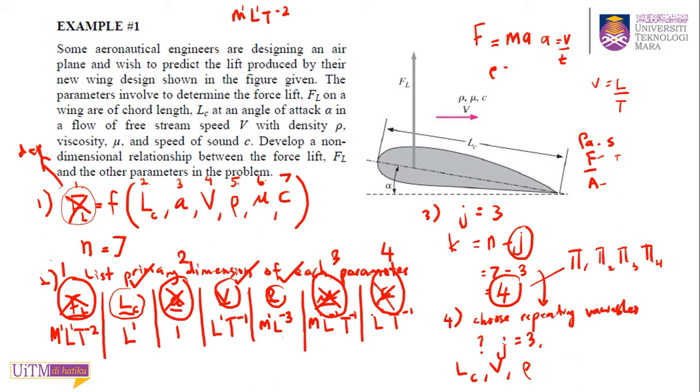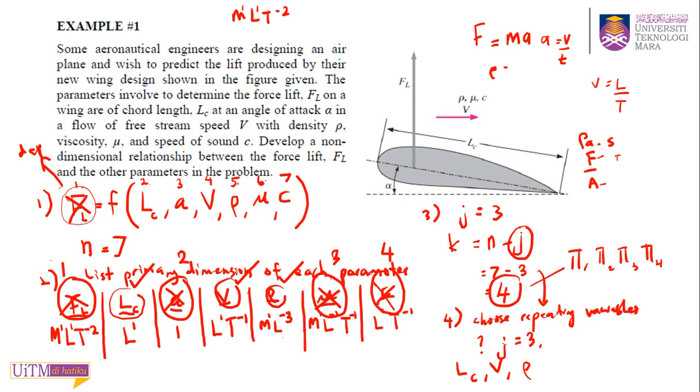So for the first pi, you will write pi 1 equal to FL times your repeating variables, which are L, V, and rho. So V, you will write as V to the power of A1, then L, the LC, to the power of B1, and rho, you will write as C1.